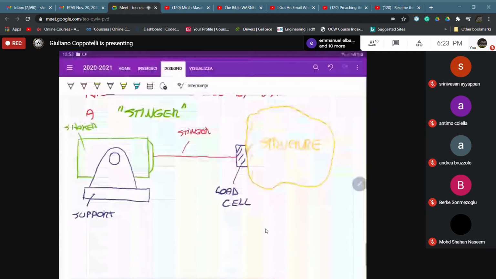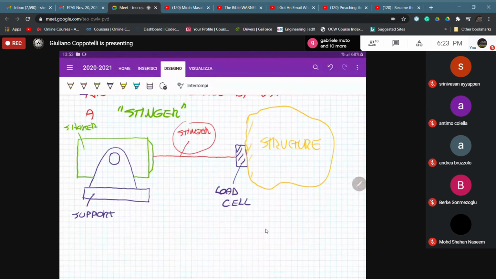Generally, this stinger is made of steel or nylon.